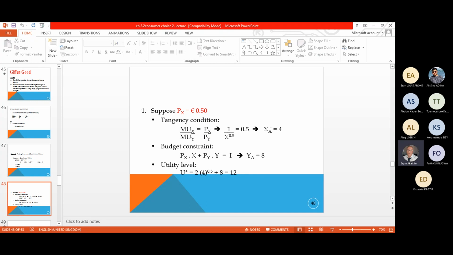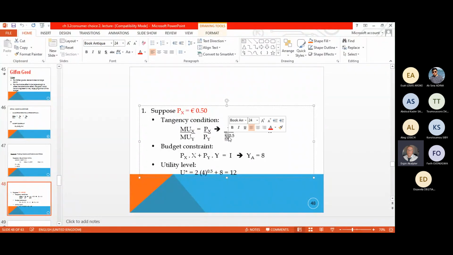Therefore, cross multiplying, if you have here the square root of x and multiply it by 2, this becomes x, isn't it? 2 times this gives you x, am I right?